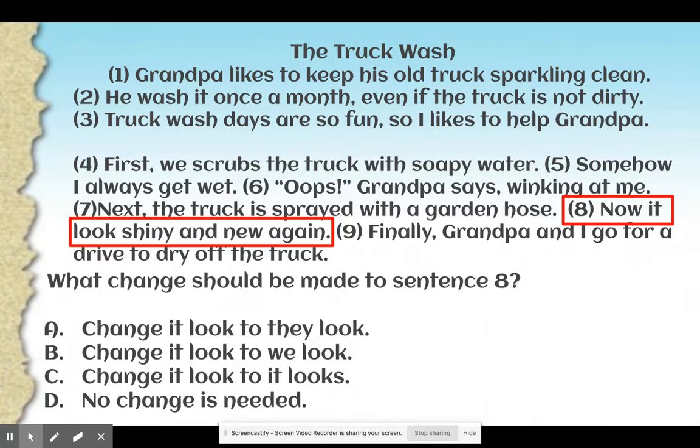C, change it look to it looks. Or D, no change is needed. You should have picked C, change it look to it looks. So if we read this sentence correctly, it will be, now it looks shiny and new again.